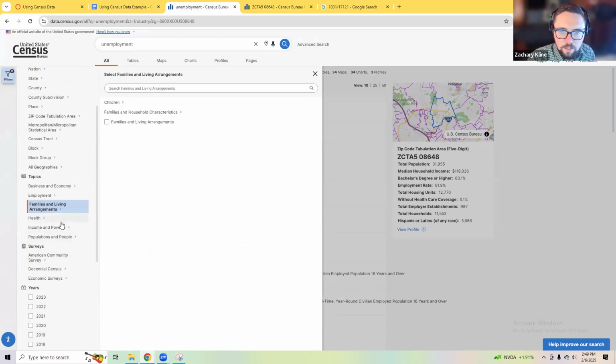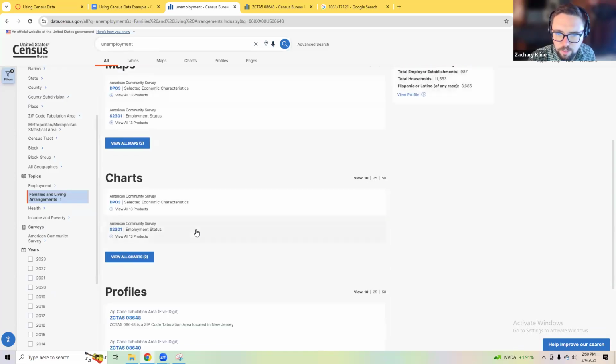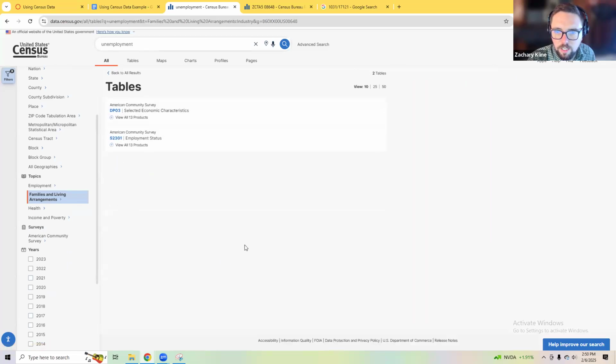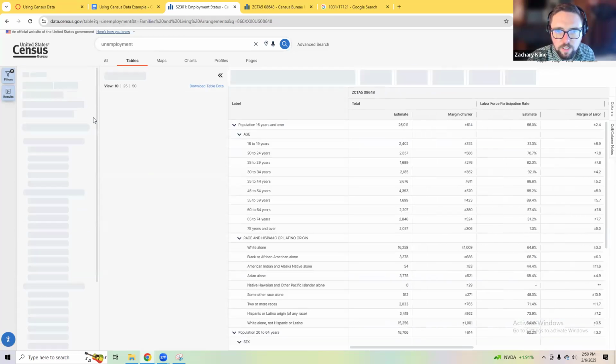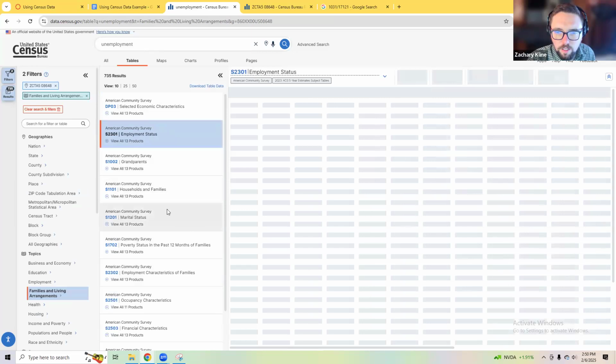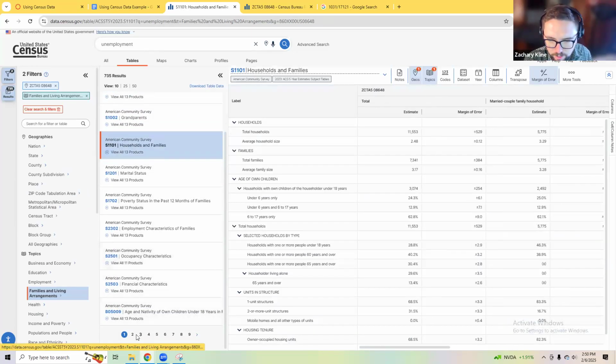You could try something like families' living arrangements. Maybe that's something interesting. There's some stuff on households, maybe stuff on marital and family characteristics.